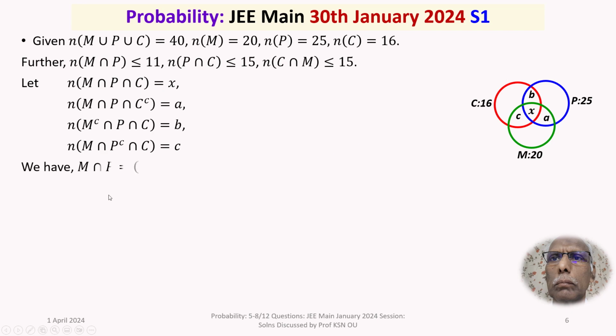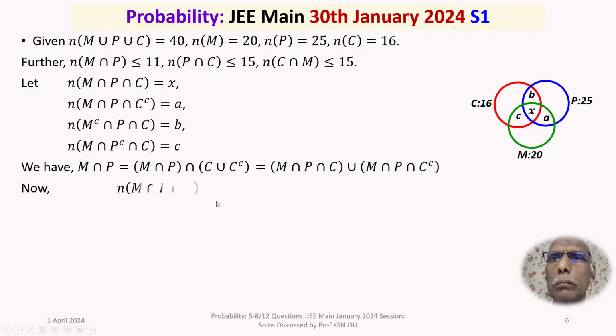Agreed. Now we have M intersection P. How do we get M intersection P? M intersection P intersection with C union C complement. C union C complement is the universal set, the whole thing. Then it is M intersection P intersection C union M intersection P intersection C complement using distributive laws.